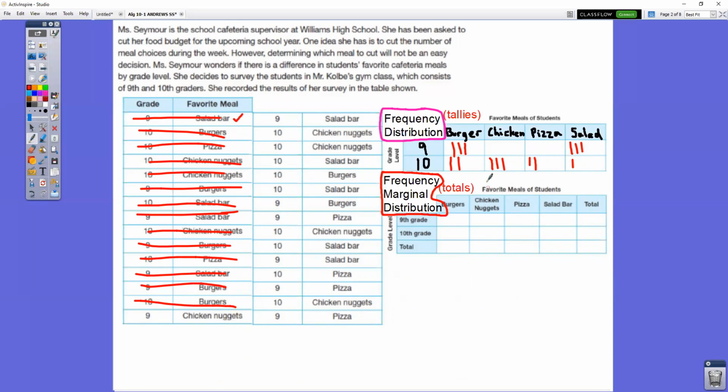It's sort of tedious, but it's really organizing your data. You're not going to have to do this for every question. When you get to 5, like we are here with the 10th grade chicken nugget, you put a slash through them to group them in 5s. Don't put 5 individual lines, put a little slash through it for 5.